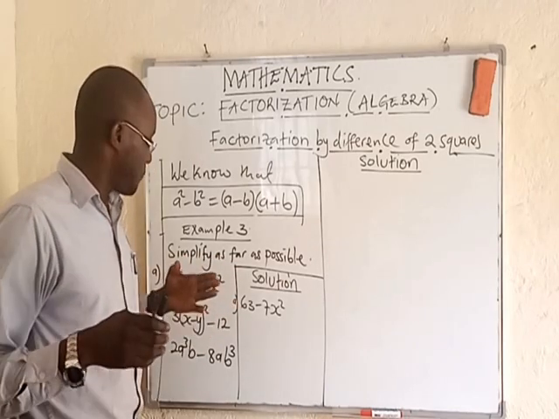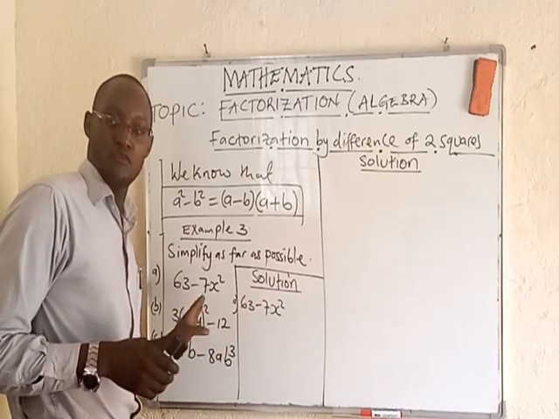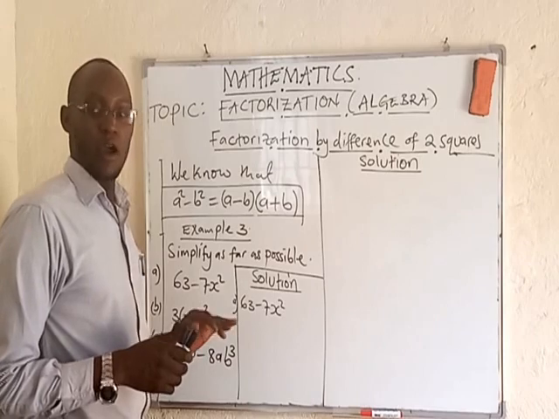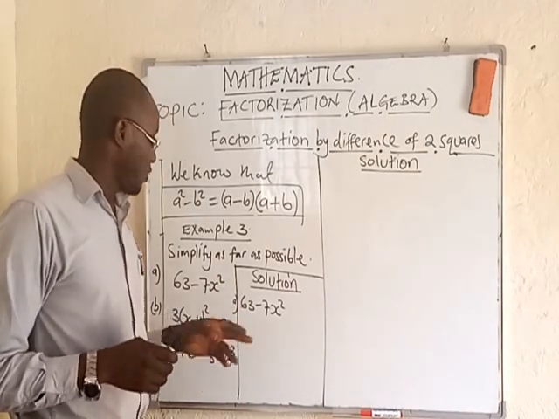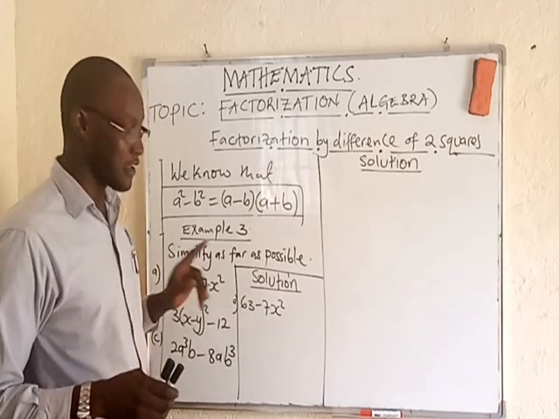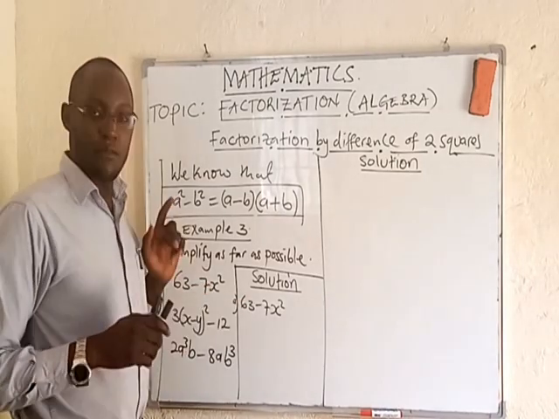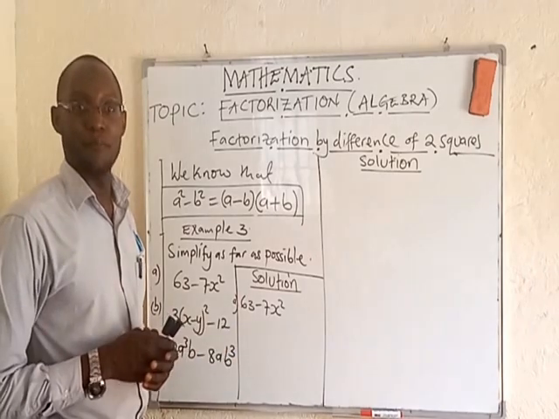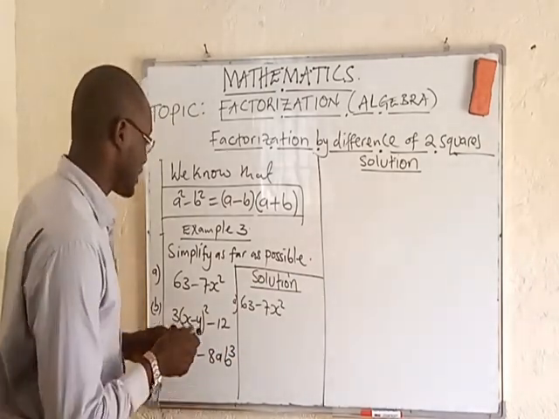What does this imply? It implies there is a common factor which we need to first remove in the process of factorization. If I divide 63 by 7, I'll get something. 63 is divisible by 7. What is 63 divided by 7? My students in class are telling me 9. Exactly, so that is 9.